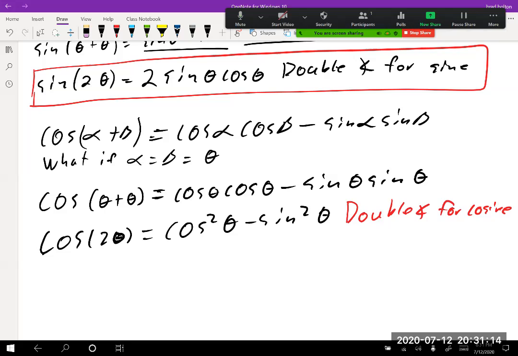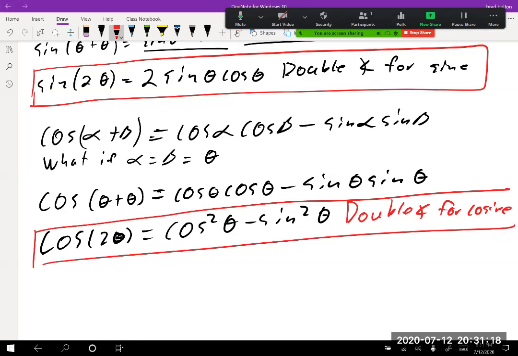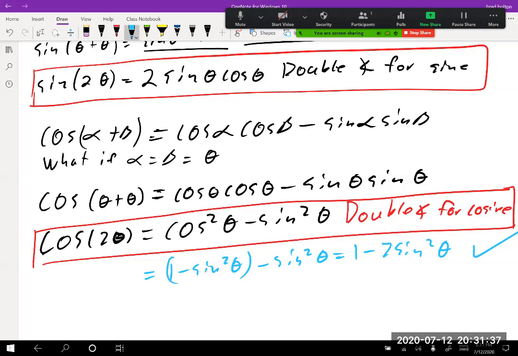So just so we're clear, this is the double angle for cosine. But cosine has another one. Cosine also says 1 minus sine squared theta minus sine squared theta, but that's really 1 minus 2 sine squared theta. So that is also the double angle for cosine.